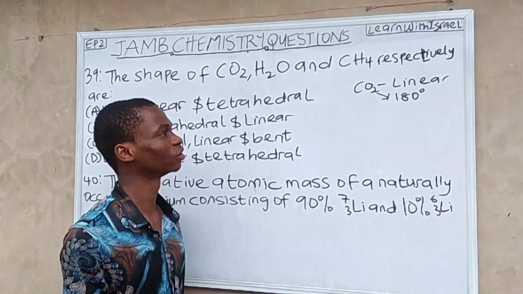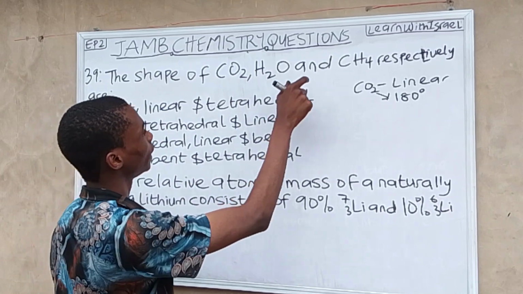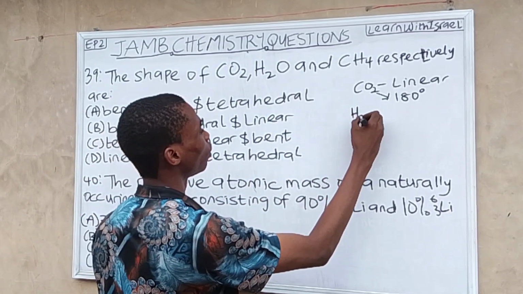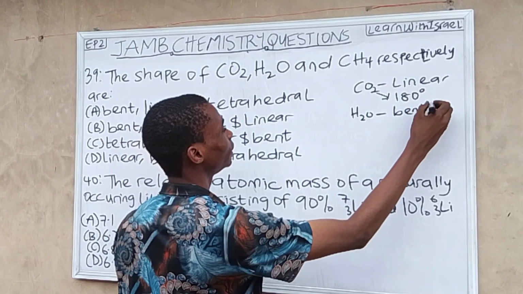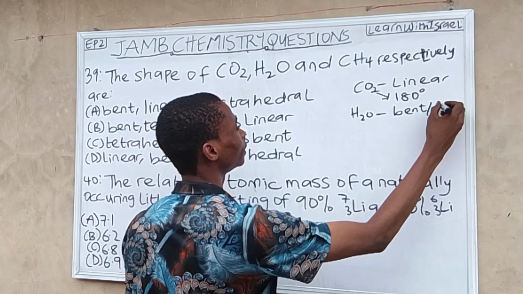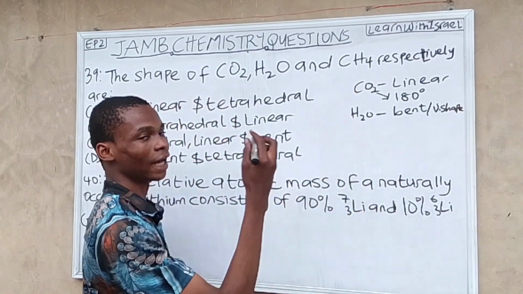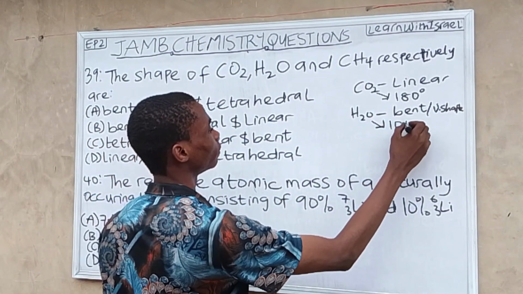For H2O, it is bent, V-shaped, and the bond angle is 105 degrees.